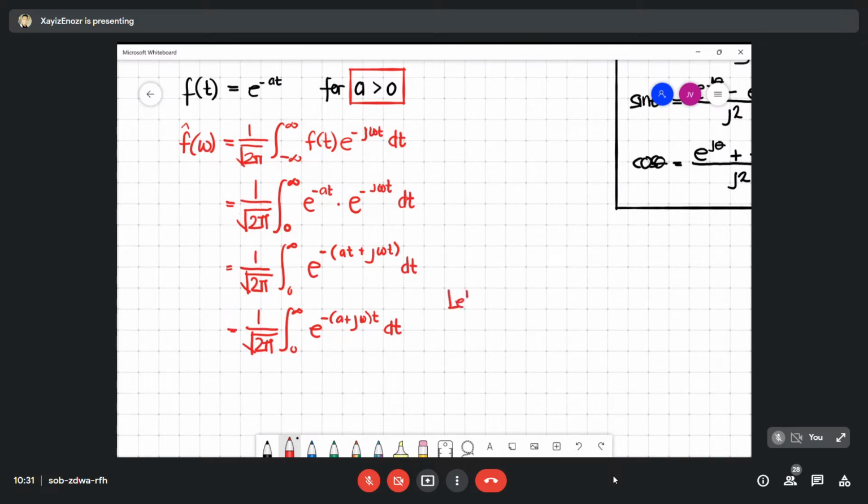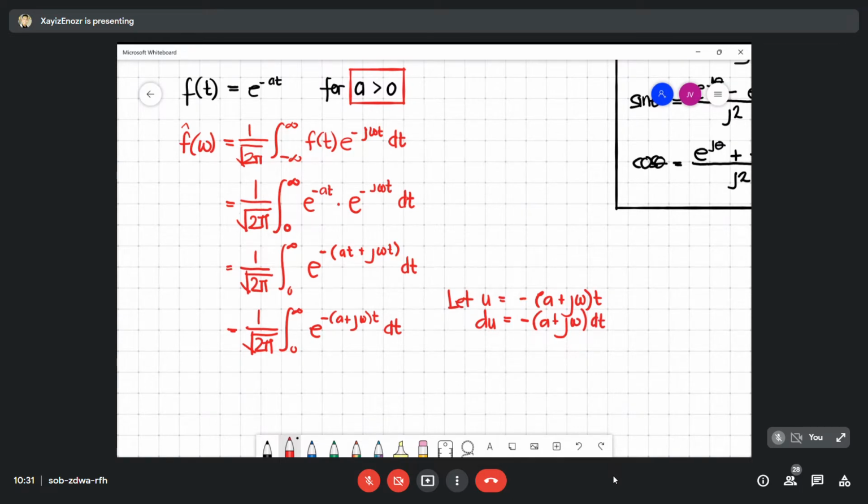So, let u be equal to negative (a plus j omega) t. Therefore, du, since we're talking about t as our variable and any other variable is considered constant, is negative (a plus j omega) dt.